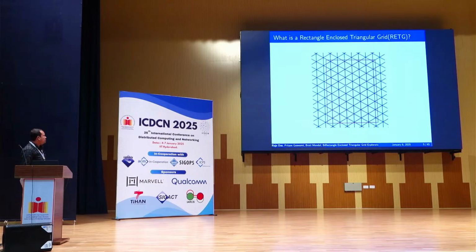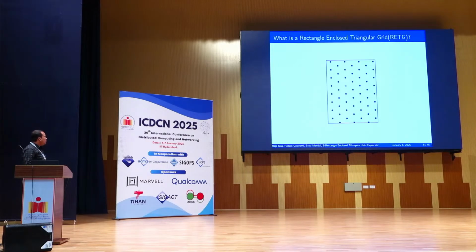We have to put a rectangle in the infinite triangular grid such that a pair of parallel sides of the rectangle align with a family of parallel lines of the triangular grid. Then consider the nodes which lie on or inside the rectangle. The graph induced by those nodes is called the rectangle enclosed triangular grid.